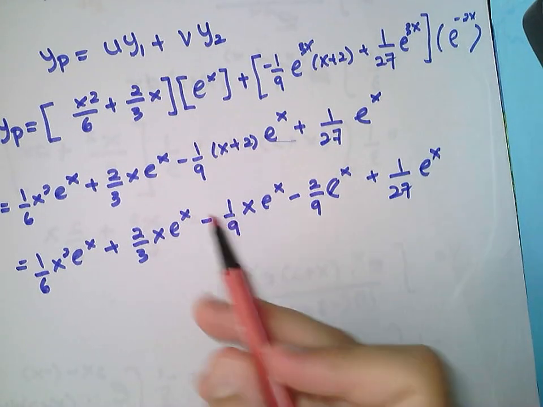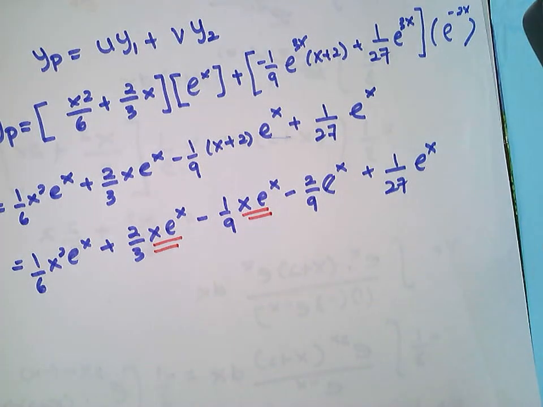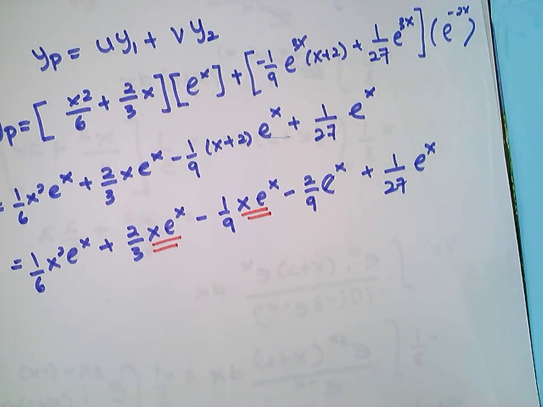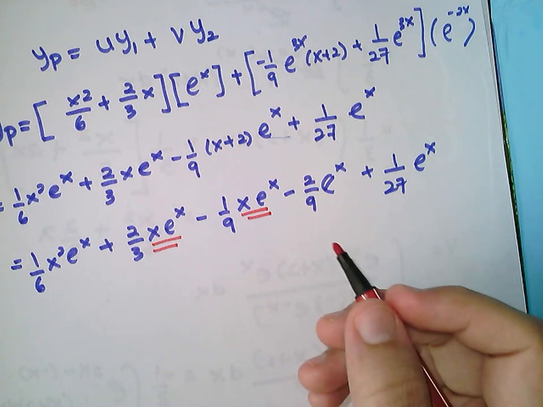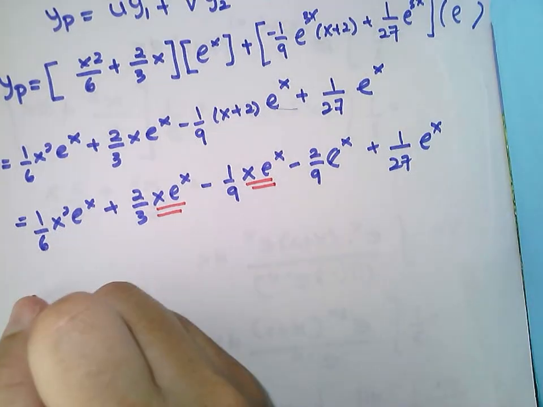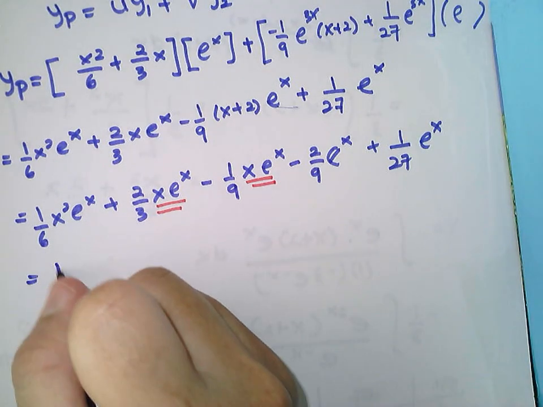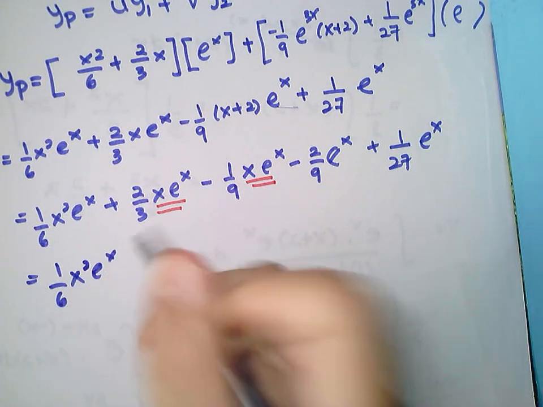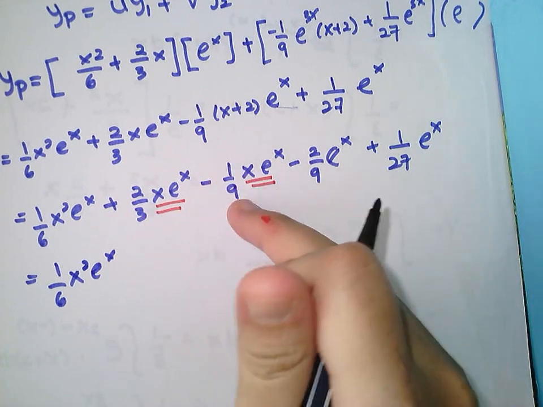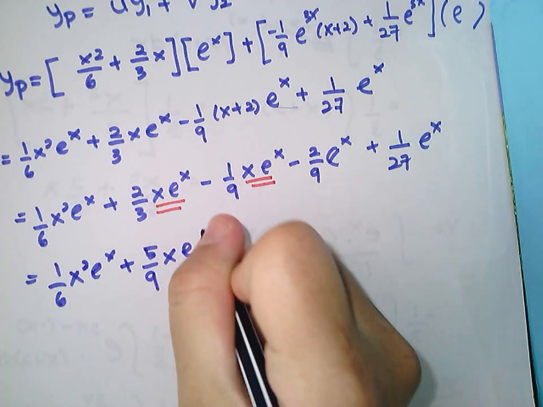The first is the coefficient of x ex: 2 over 3 minus 1 over 9 will give you 5 over 9. So you will have 1 over 6 x squared ex, plus 5 over 9 x ex.